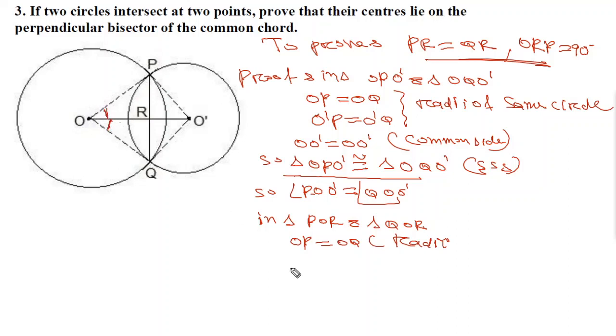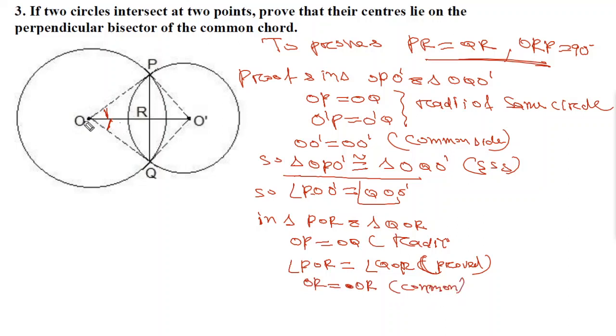We have just proved angle POR equal to angle QOR. Give the reason: just proved. Now you can see OR is common for both the triangles. So OR equals OR. Why? Common side.